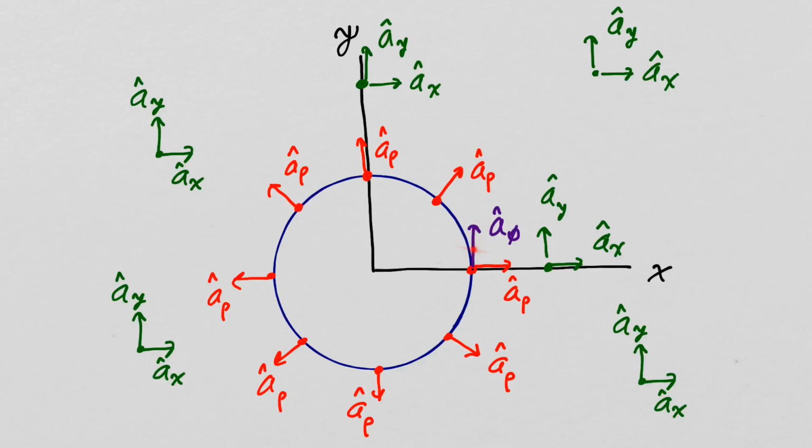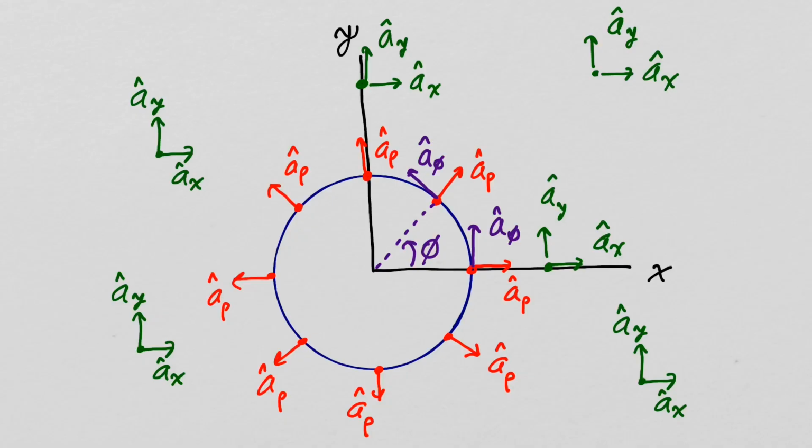Now if we're at this point here, here's our angle phi. So now increasing phi values would point in this direction. So there's our unit vector in the phi direction. At this point, phi has the value of pi over 2 radians.